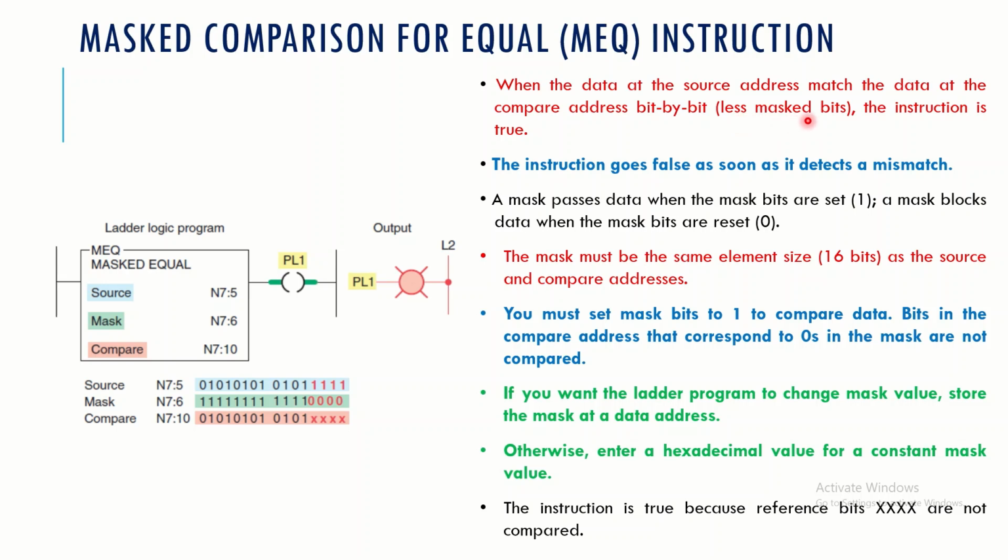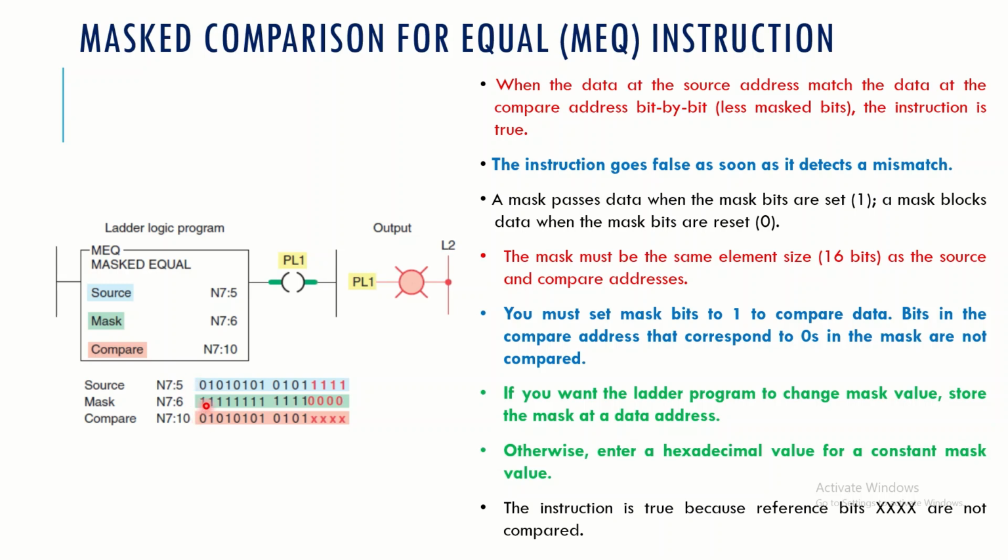Now you see the particularity of this mask. Whenever this mask is containing 1, that means those data of source and compare that correspond to a bit that is 1 in the mask will be compared.